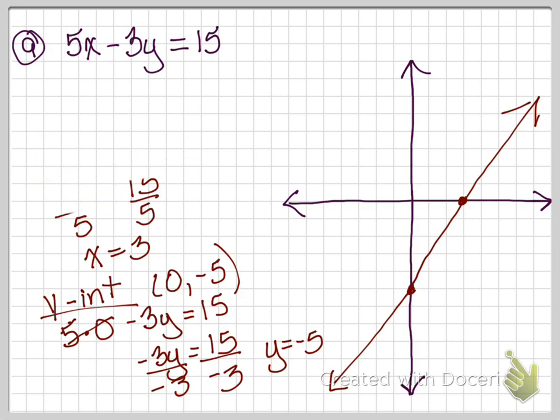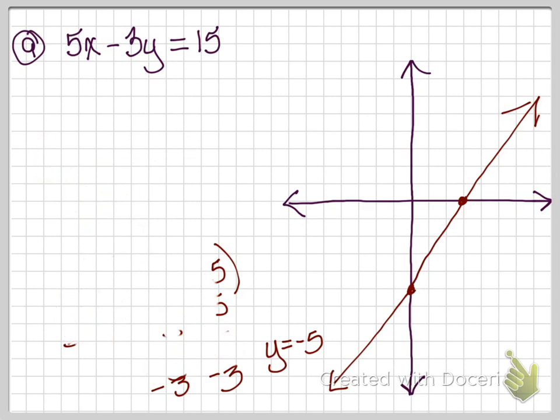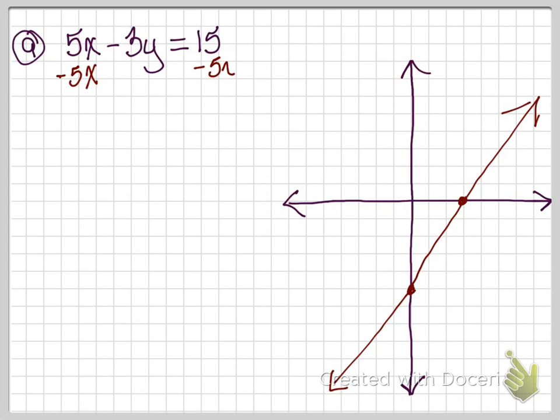Now we are going to graph using y equals mx plus b. And on your final, you will be able to graph using the method of your choice. So you can graph using intercepts, or you can graph using y equals mx plus b. When we graph using y equals mx plus b, the first thing that we do is we solve for y. So I'm going to subtract 5x from both sides.